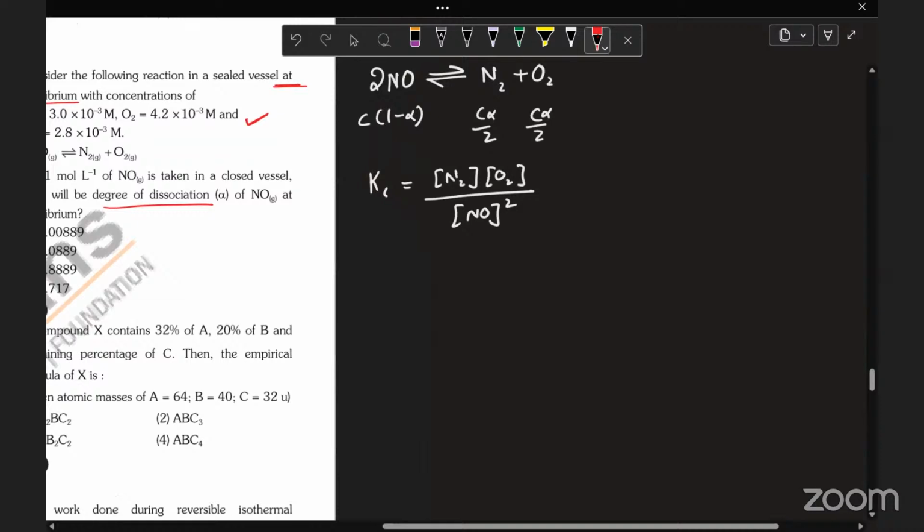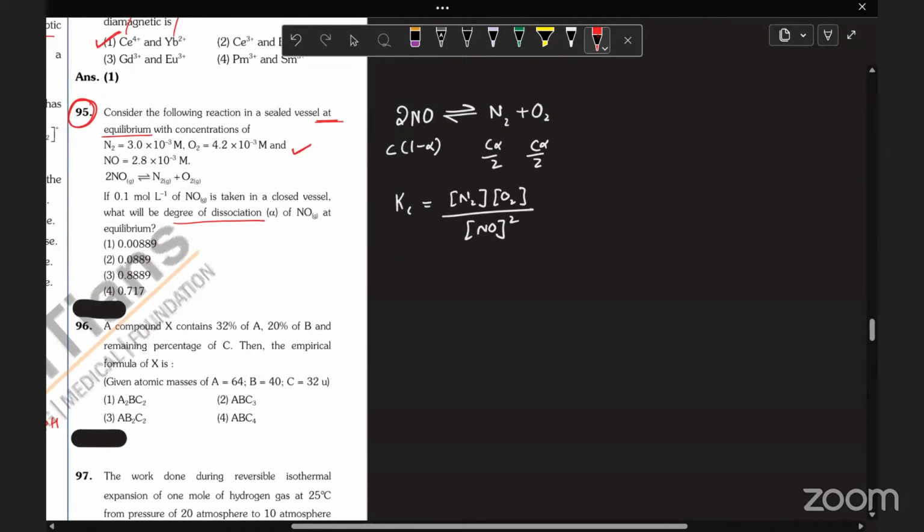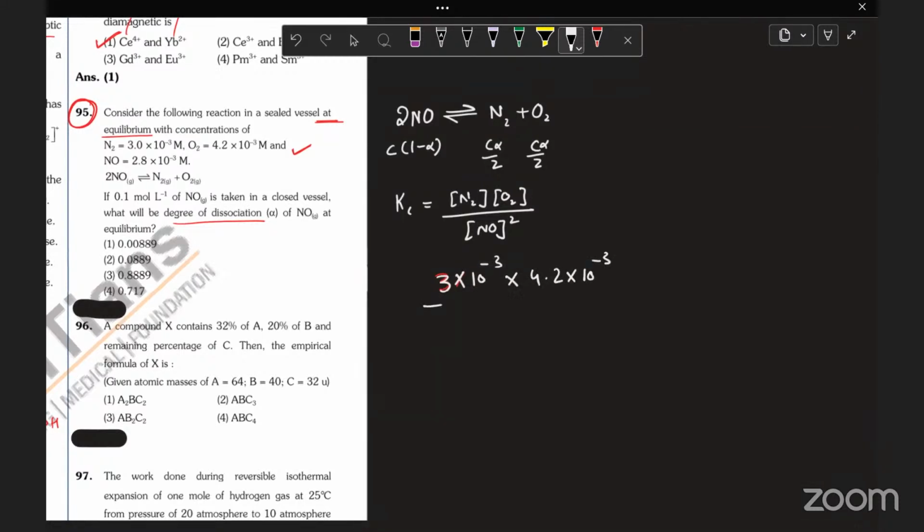So N2 is 3 into 10 to the power minus 3, into 4.2 into 10 to the power minus 3, upon NO whole square, 2.8 whole square into 10 to the power minus 6, is equal to C alpha by 2 into C alpha by 2 upon C(1 minus alpha) whole square.